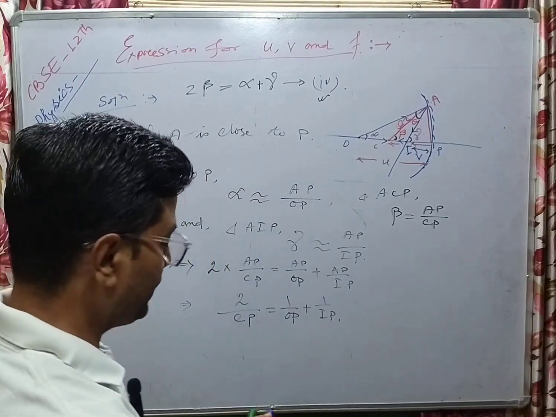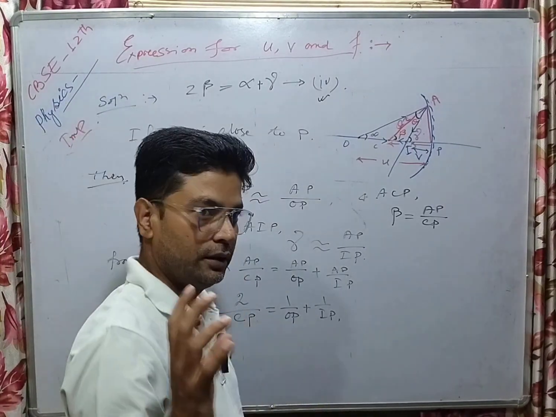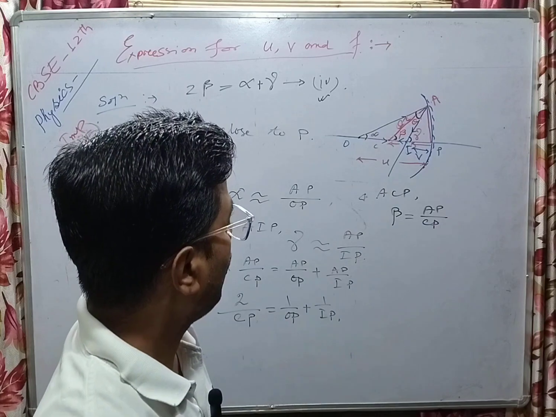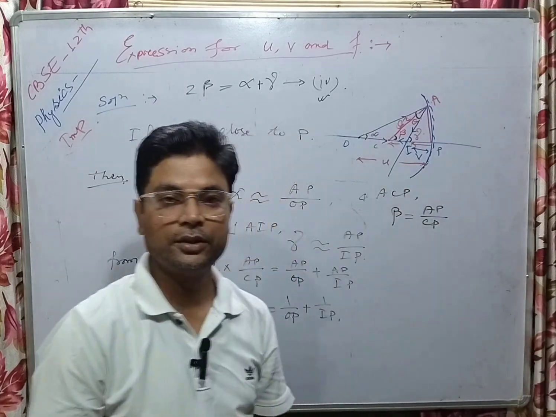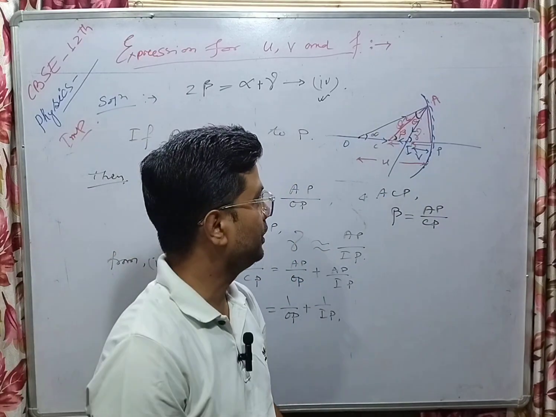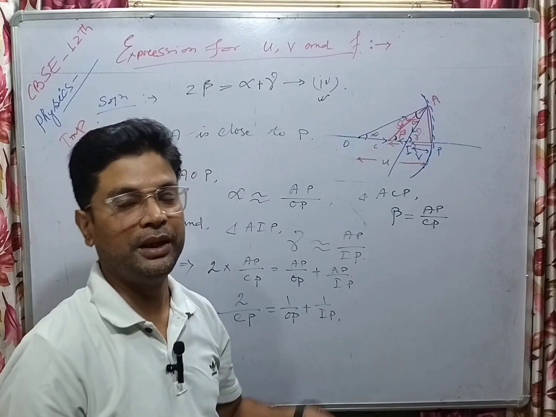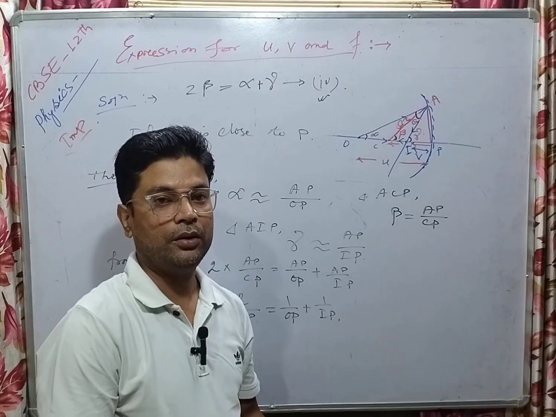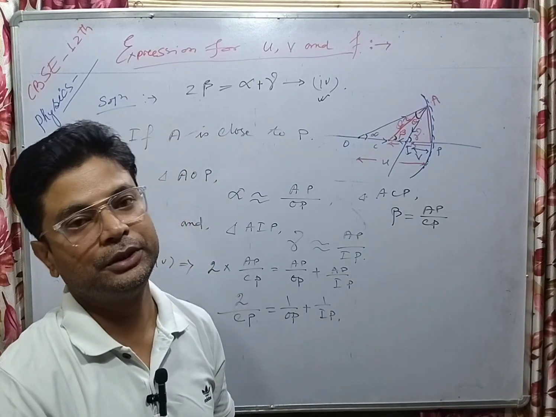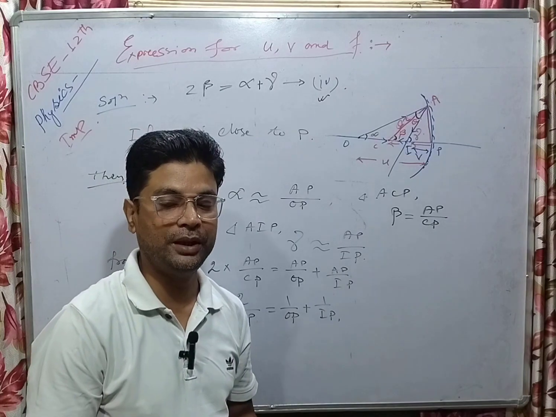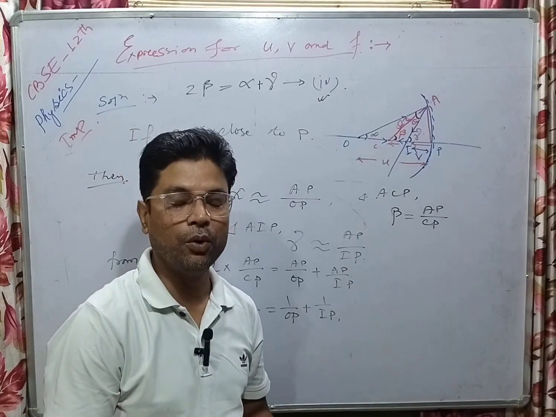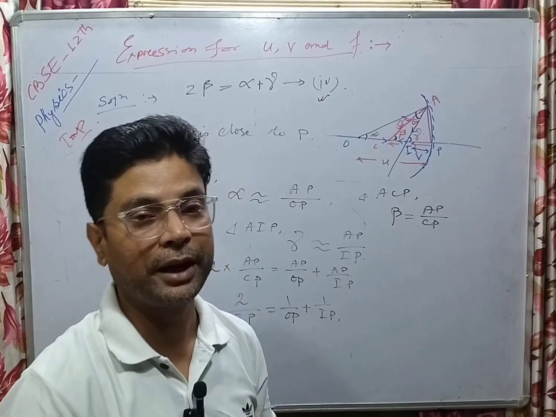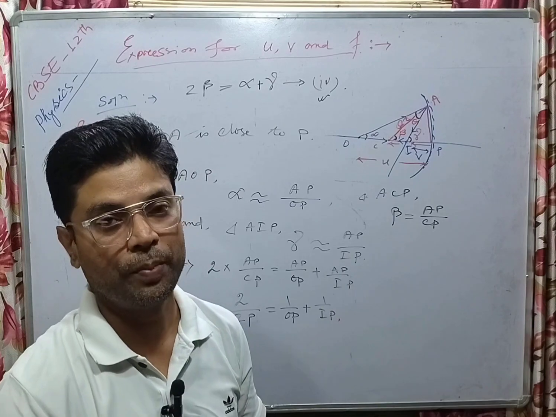Here is another important thing. Listen carefully. Object distance is considered to be left of the mirror. Image distance is considered to be left of the mirror, and focal length is also considered to be left of the mirror. Therefore, radius of curvature will be left of the mirror also.